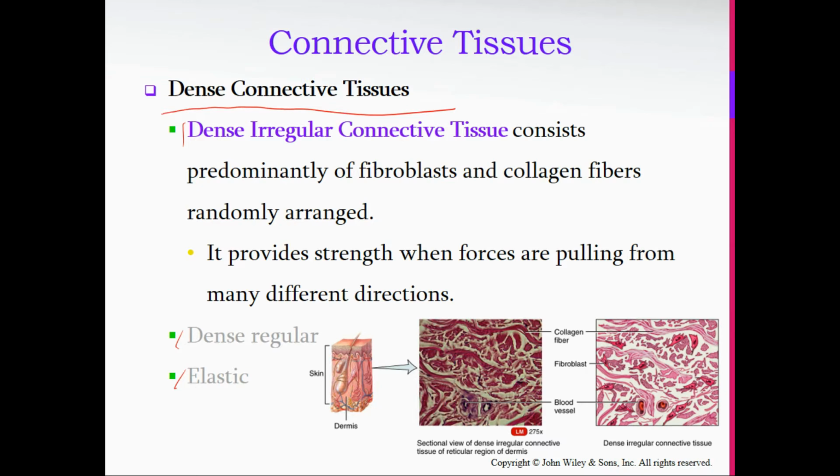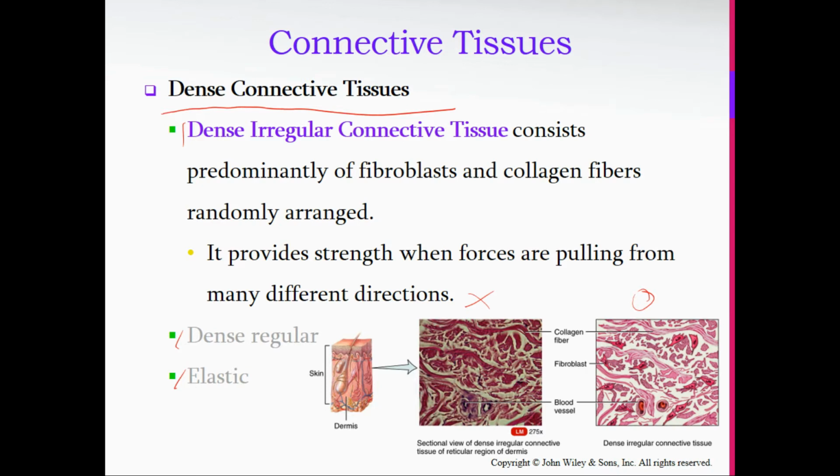Dense irregular connective tissue consists predominantly of fibroblasts and collagen fibers randomly arranged. If you look at the picture, the one on the left here is a real picture through a microscope. This one is the artistic version that someone drew. And if you look at the fibers, they're running in all directions. My analogy is, it reminds me of plywood or particle board.